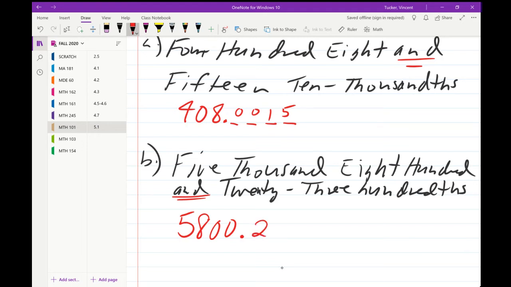So 2, 3, and then that 3 is sitting in our hundredths place, so we're okay. All right. Questions?